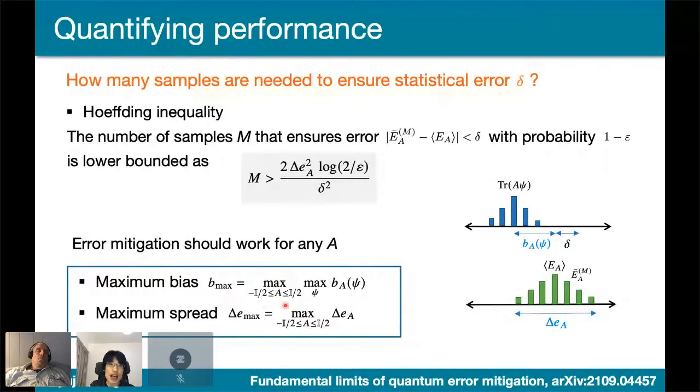That's why I normalize this. Basically, I take the maximization over such observables and call it maximum bias, and also maximum spread.